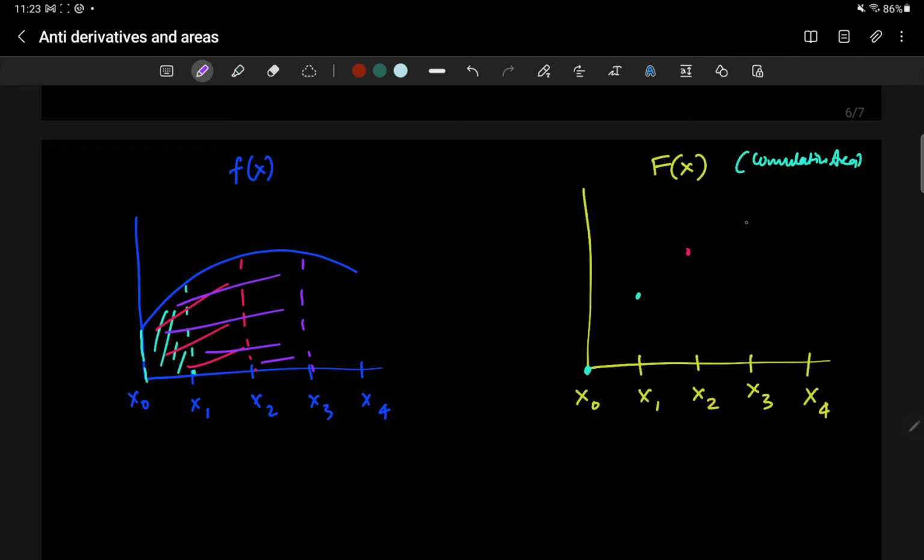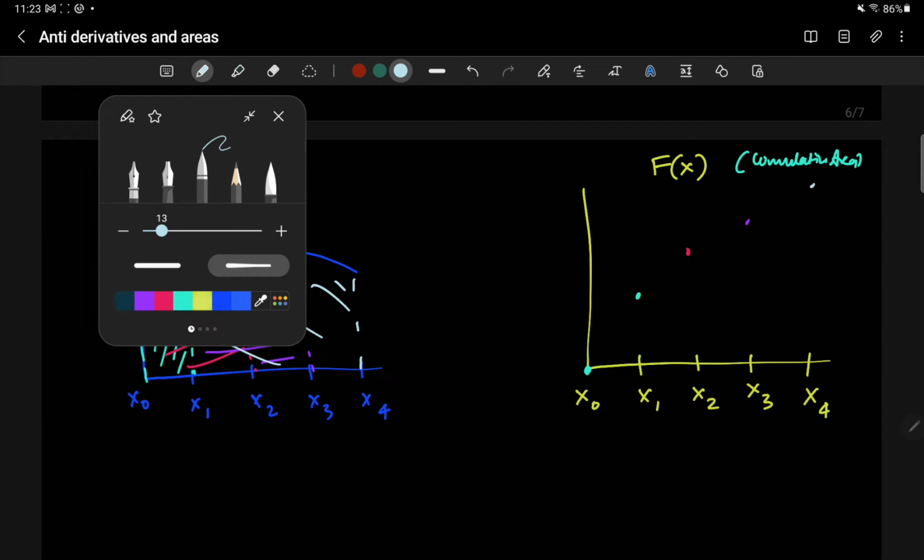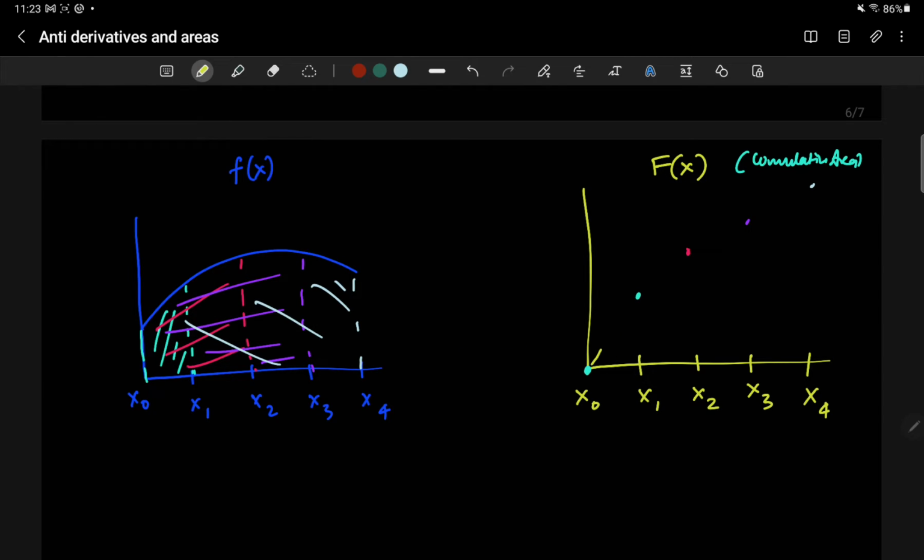So that gives you some other value. And then at x4, it gives you just another value. But all of these are increasing. So it'll give you some curve, but this curve is giving you the cumulative area.